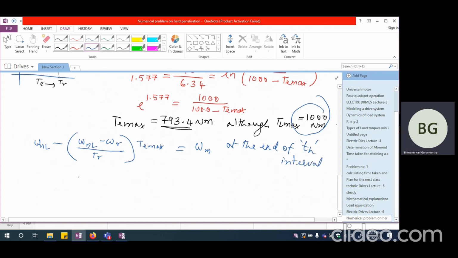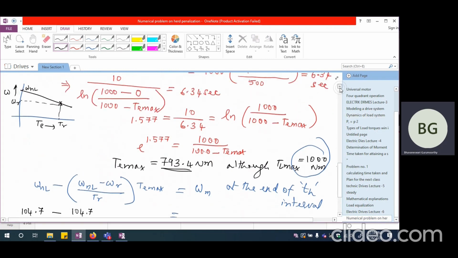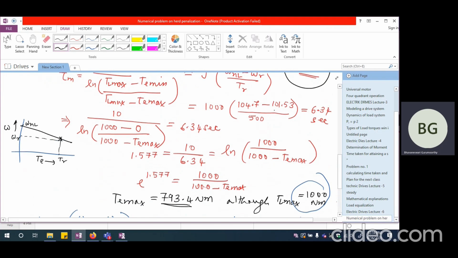So this is going to be equal to, I can say omega no load is 1000 RPM, and let me write it in terms of radians per second itself. So I'm going to write this as 104.7 radians per second minus 104.7 radians per second, and 970 RPM corresponds to 101.53.